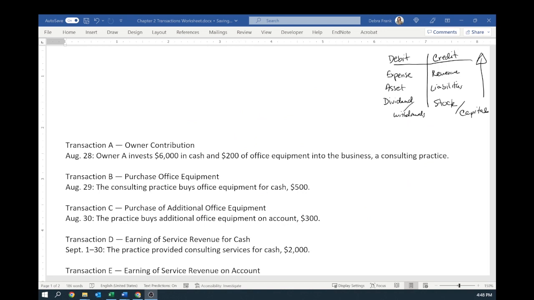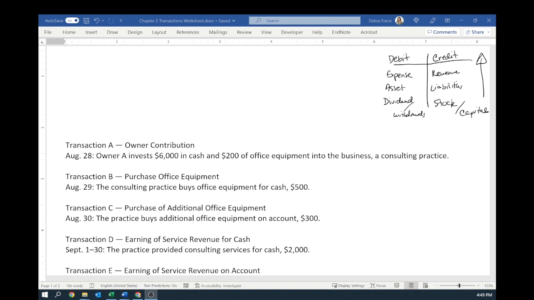All right, so here we have some transactions to do. I wrote my cheat sheet for myself in the top right corner there for my dead curls, telling me what happens when it increases, and I know that it'll be the opposite when it decreases. So transaction A, let's get right into it. Owner A invests $6,000 in cash and $200 of office equipment into the business. So we know cash is one of the accounts affected. It's going up. We have $6,000 more in cash now in the business. Same with office equipment.